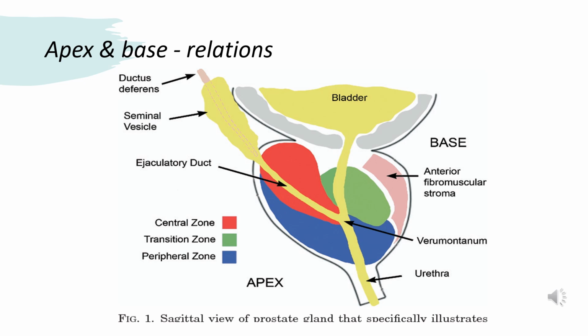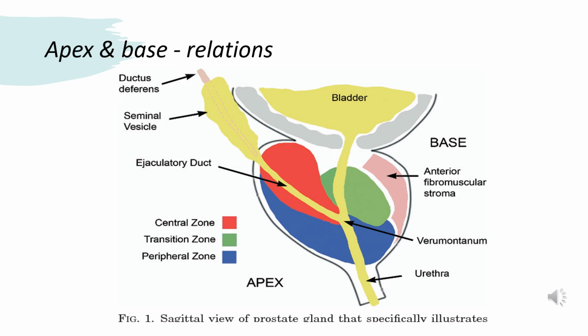The base is much more important. It is directed upwards and surrounds the neck of the urinary bladder, with which it is continuous structurally. So the base is directed upwards and surrounds the neck of the urinary bladder.